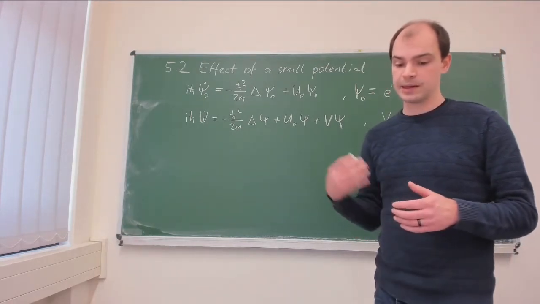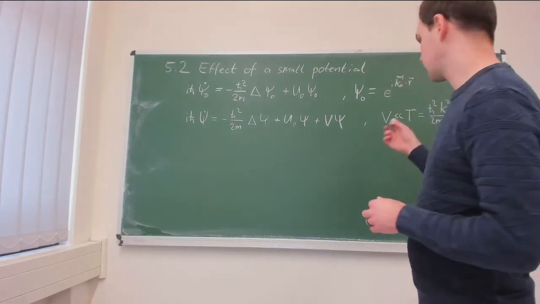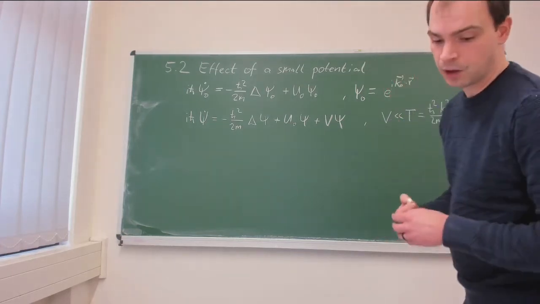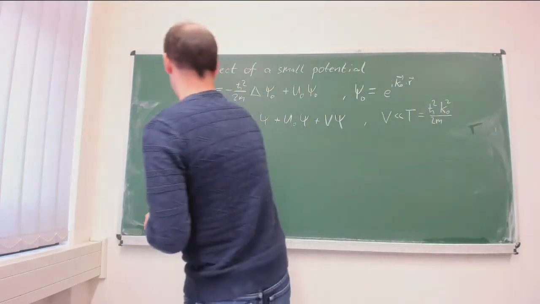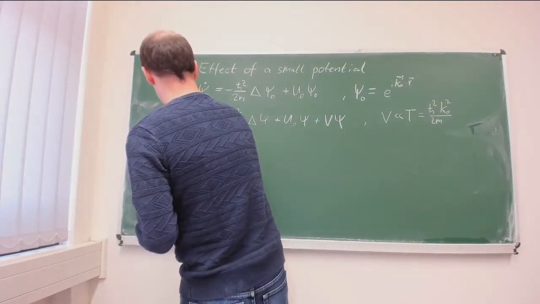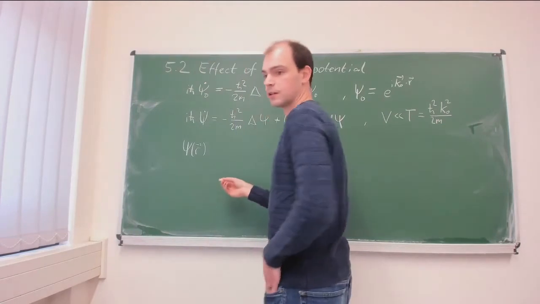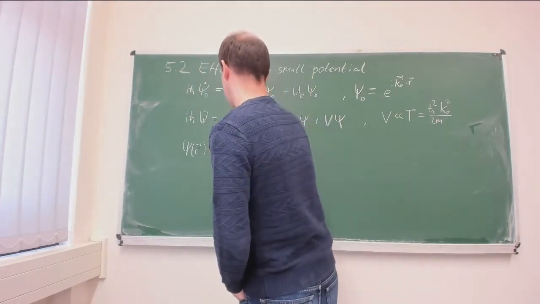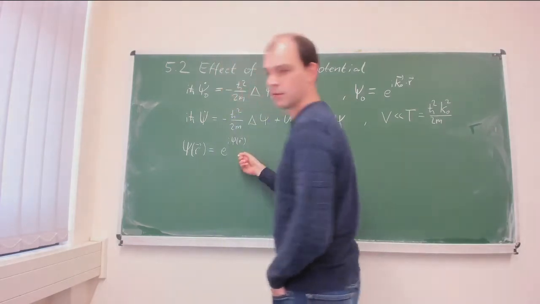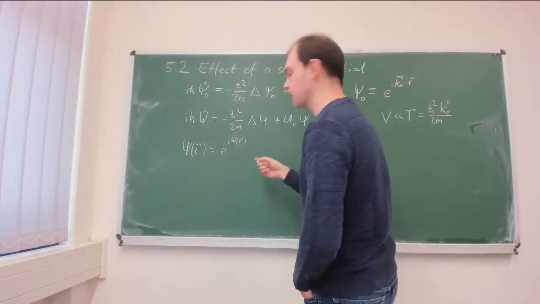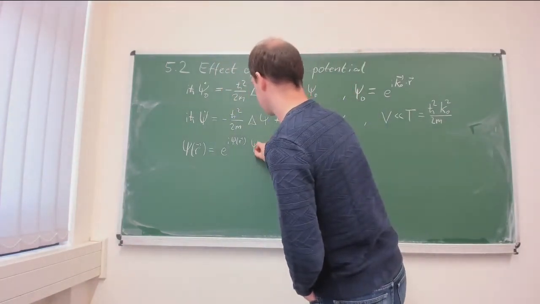So we can make the ansatz that there is only an effect on the phase of the wave function. So we make the ansatz that ψ(r) is just e^(iφ(r)) times our ψ0.